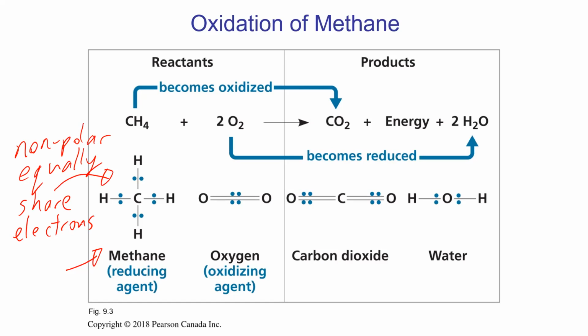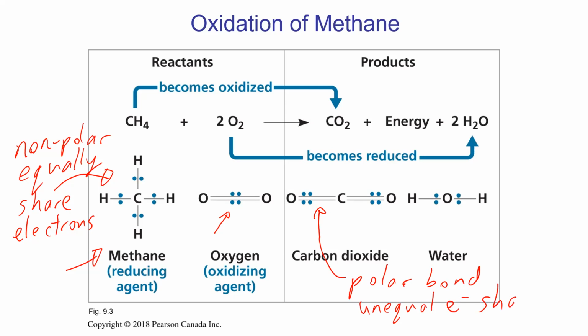Now, if you take a look at this reaction, we are oxidizing methane with oxygen. There's some molecular oxygen right here, and our final compound is carbon dioxide. Now notice carbon dioxide has oxygen and carbon, and this forms a polar bond. Remember, a polar bond is an unequal sharing of electrons.